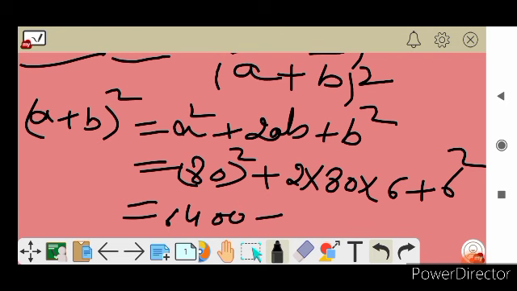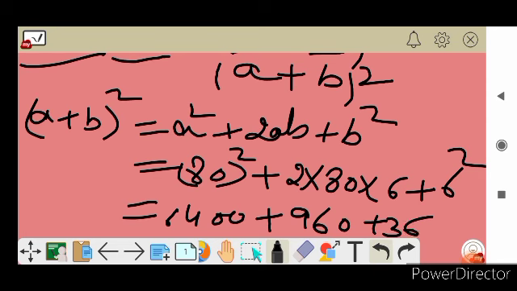Then 2 times 80 is 160, multiplied by 6 gives 960. Then plus 6 square, which is 6 times 6, 36.